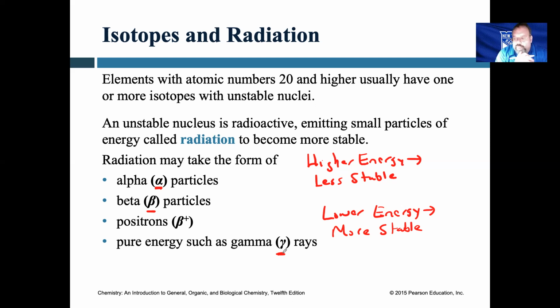If you change the number of protons, you change the identity of the element. Now for gamma rays, again, the higher energy unstable nucleus becomes a lower energy, more stable nucleus, but the identity of the element does not change.